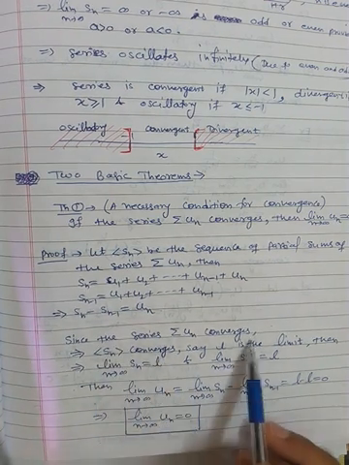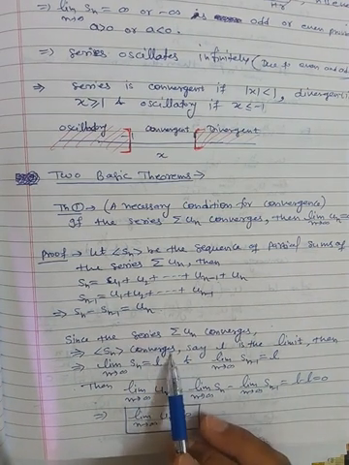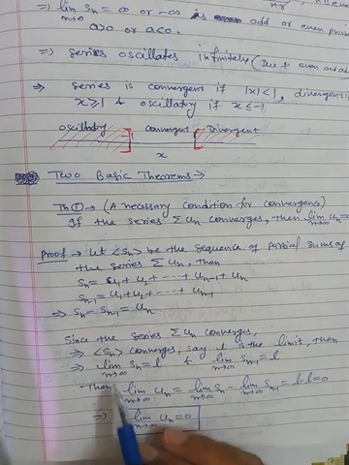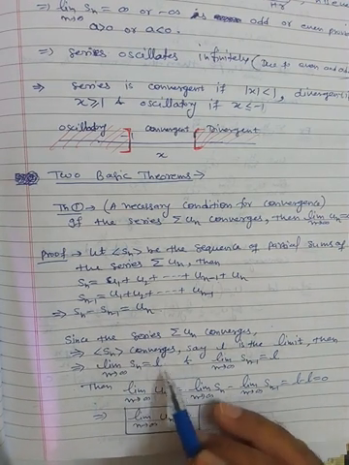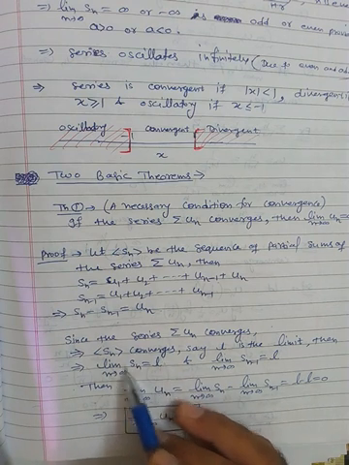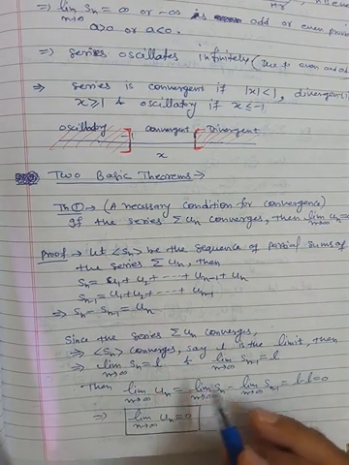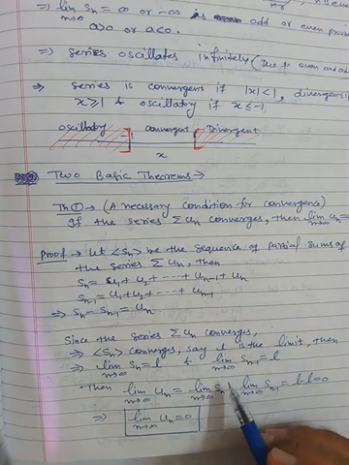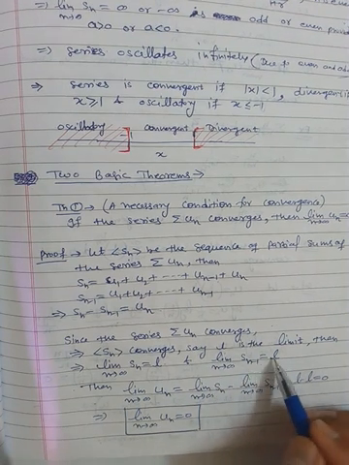Since the sequence converges, we definitely have a limit, say L. Then the limit as n tends to infinity of Sn will be L. Because n is tending to infinity, if you subtract a single term, the limit will still be the same. So the limit as n tends to infinity of Sn minus 1 is also L.